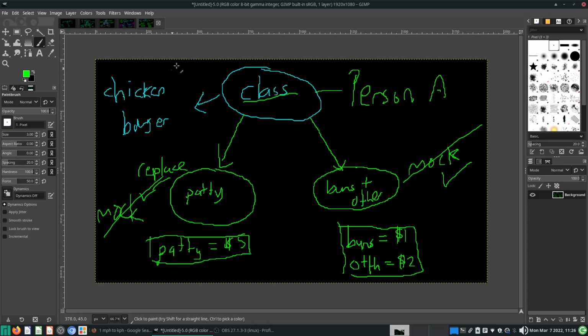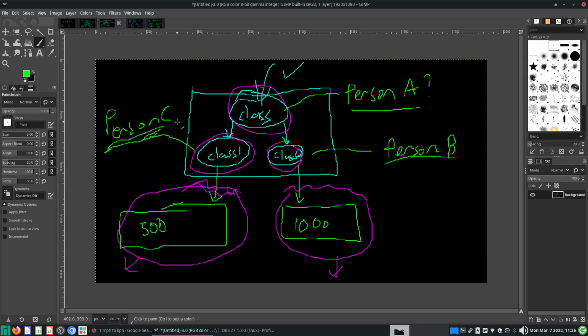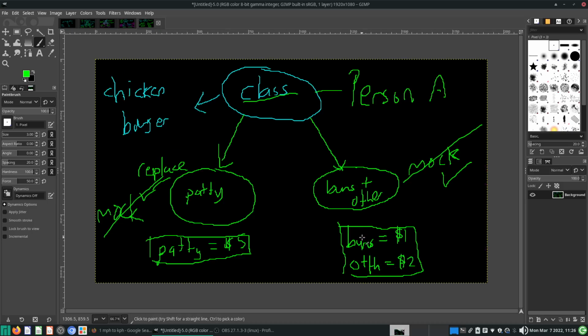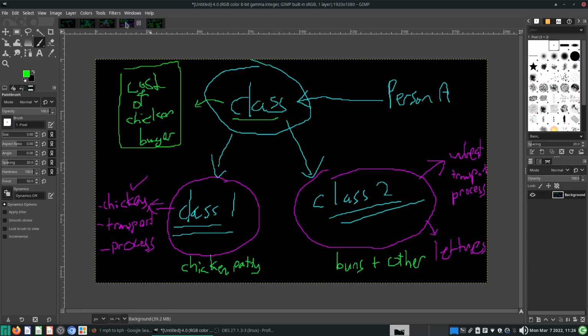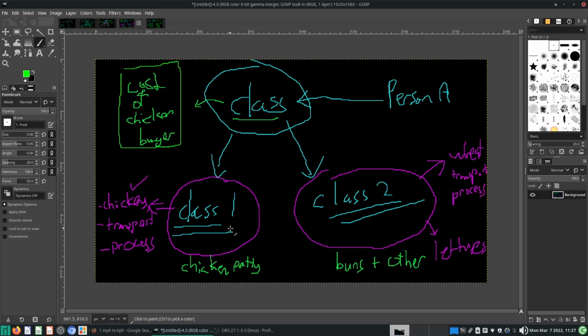Once person B and person C are done with the chicken patty class and the buns and other classes, I can swap the mock classes out for the real thing. So this is the idea of how you do unit testing in a team.